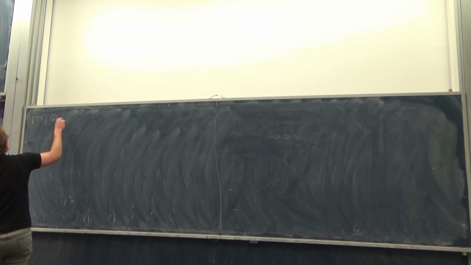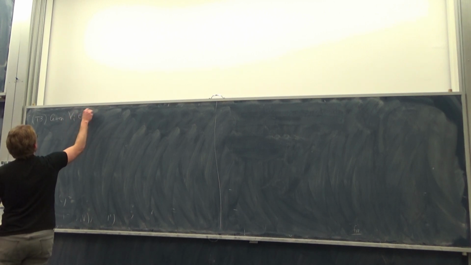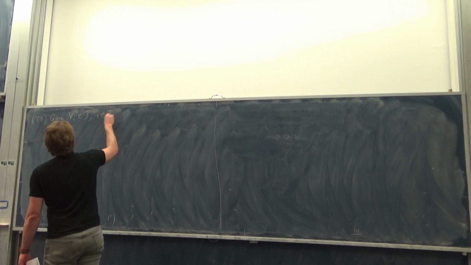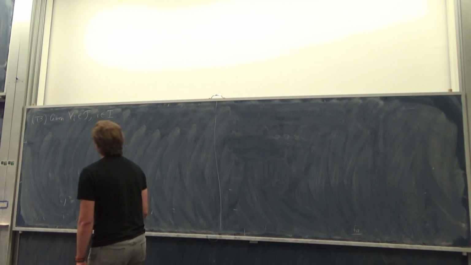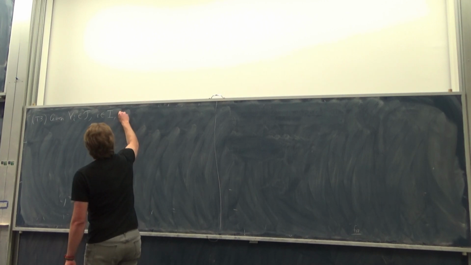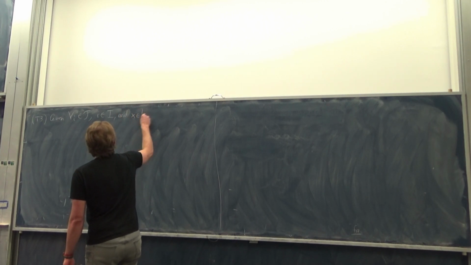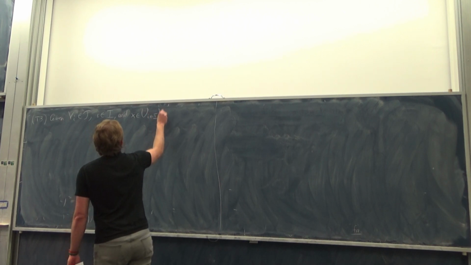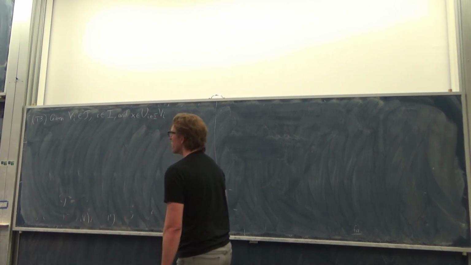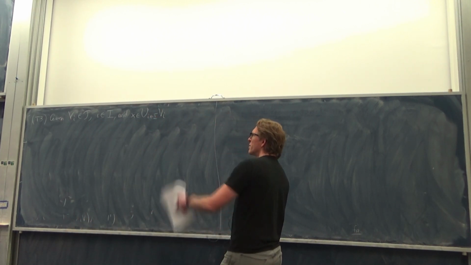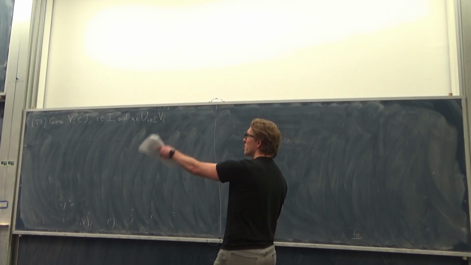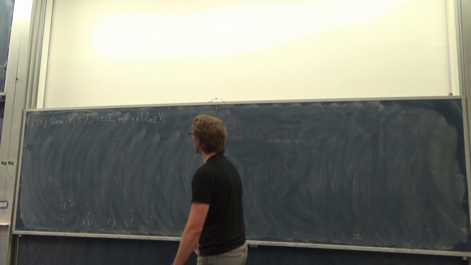Okay, so let's just write that down. So given a collection of sets which belong to T and an element of the union, well, we need to prove the union also belongs to T. So given an arbitrary element, I've got to produce a B which contains it and which is contained in the union.